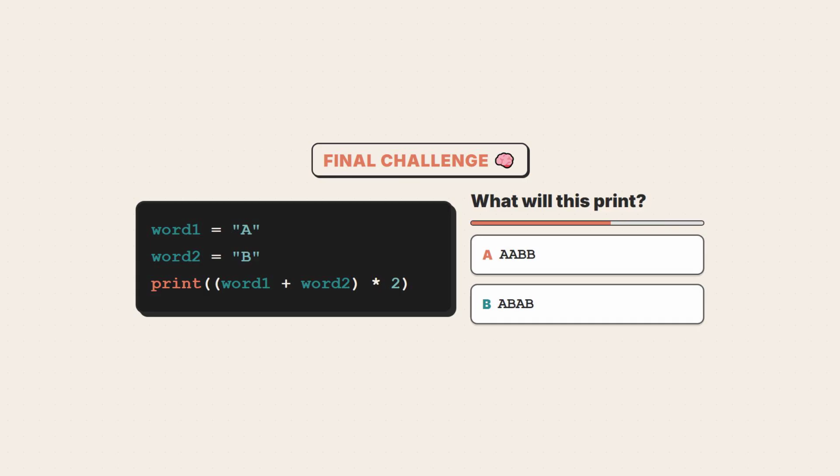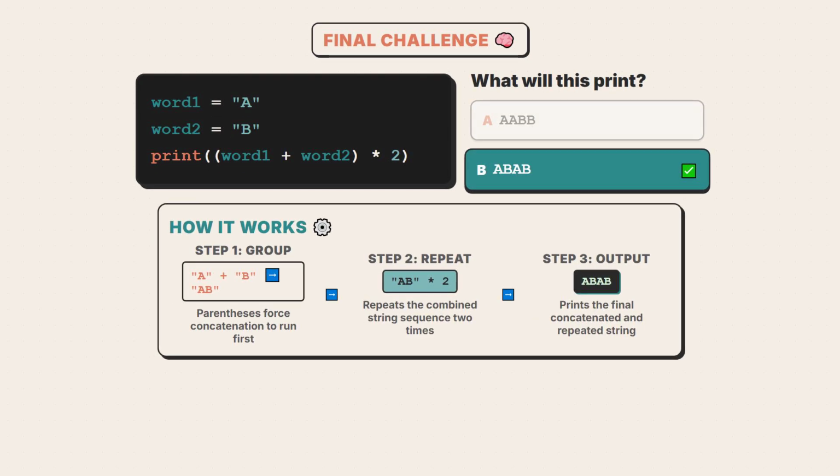Pause the video and make your choice. Ready? The answer is option B, ABAB. Inside the parentheses, A and B concatenate to form the string AB. Then, multiplying by 2 repeats the entire AB sequence twice.